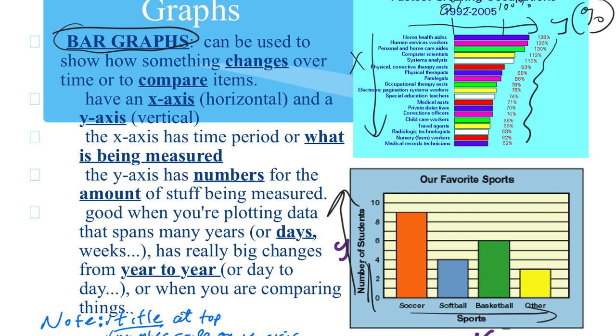And right here on the second graph, numbers of students would be on the y-axis. Okay? So the x-axis is the types. Or it could be dates too. So the x-axis has a time period or what is being measured. In both these cases, what is being measured is in the x-axis.